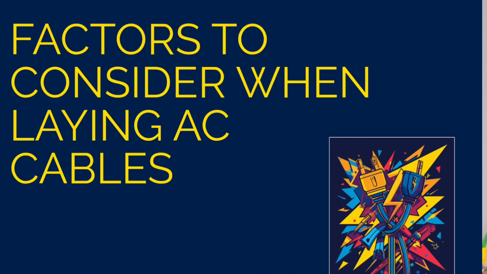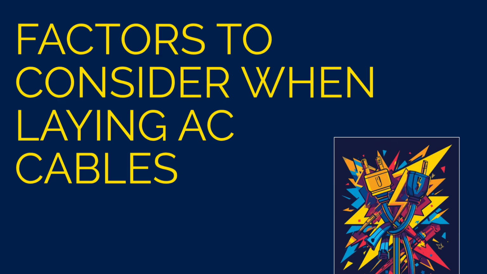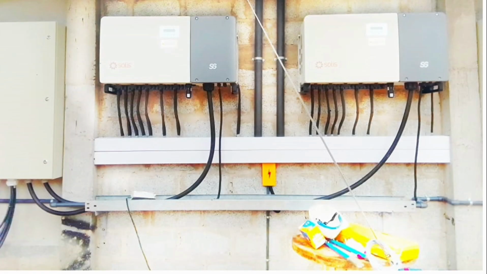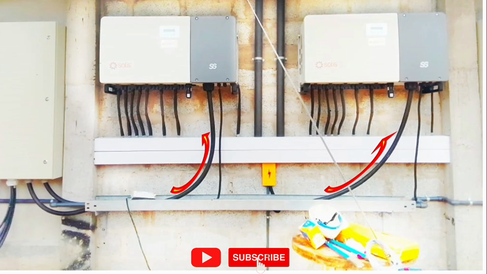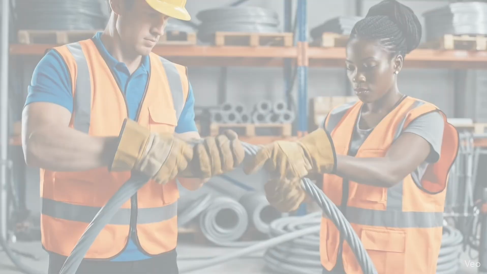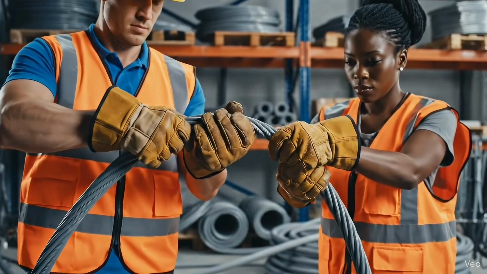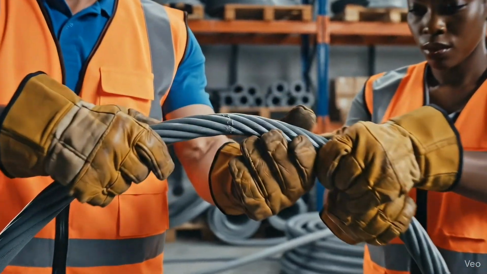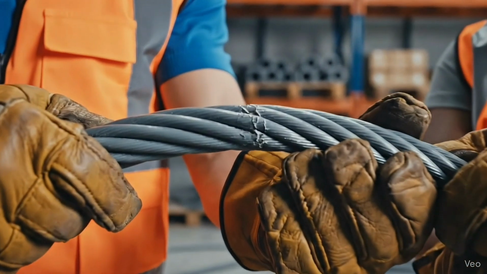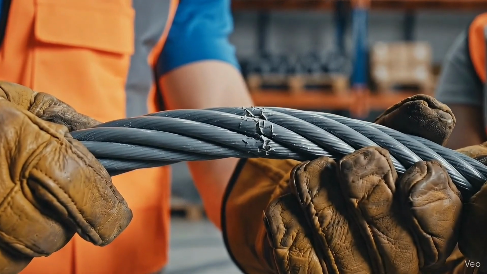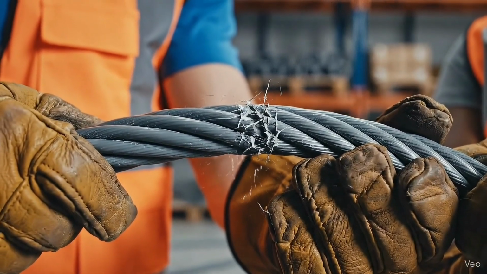And my friends, the fifth point is how to lay the AC cables correctly. So guys, when you mount large size AC cables, don't bend the wires too much beyond the appropriate bending radius of the cable, because if you bend the wires too much, the internal conductors of the wires will crack and get damaged.